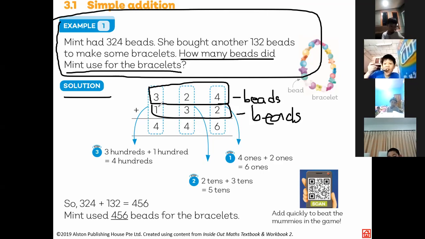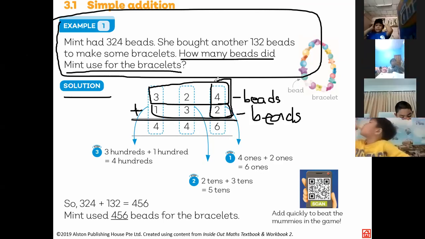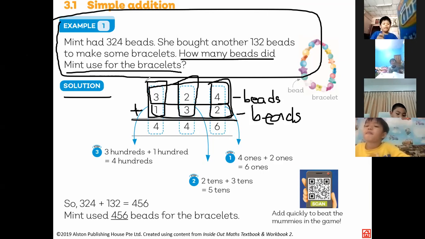All right, so all we have to do is to add these two numbers. So the first one, we will add the number in ones place, and then add the second number, which is in tens place, and then add the third number, which is in hundreds place, okay?